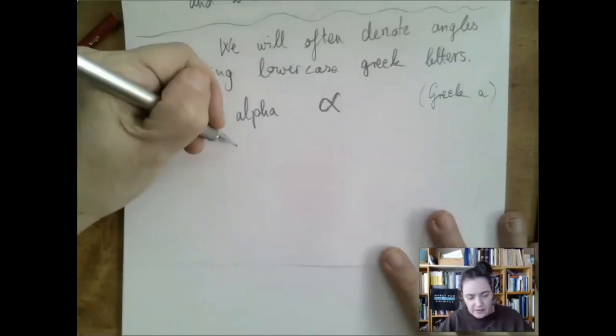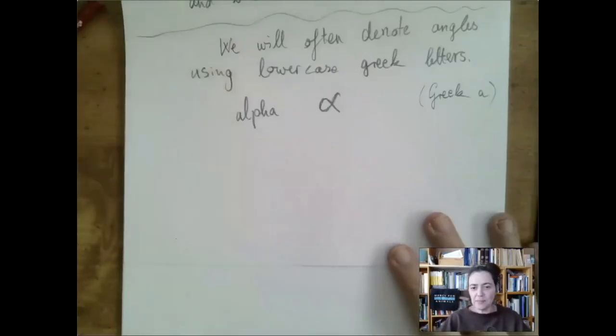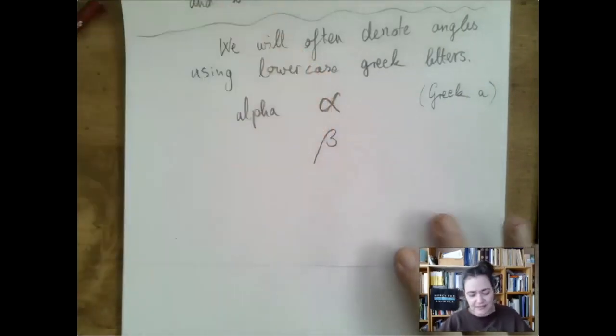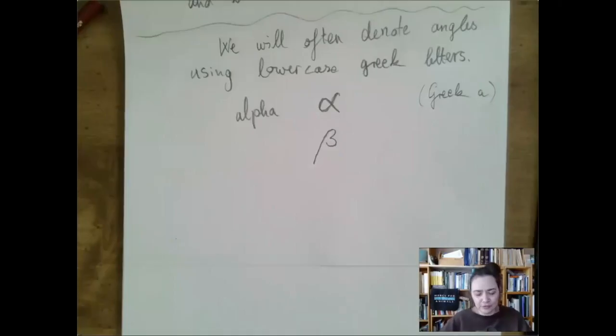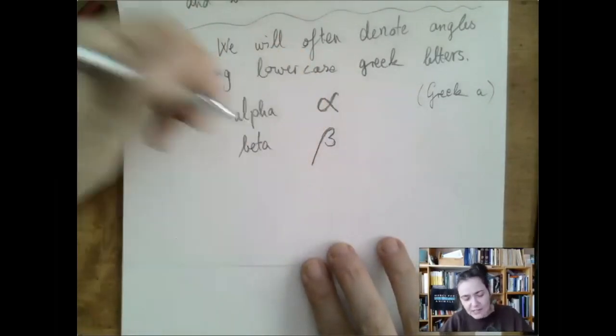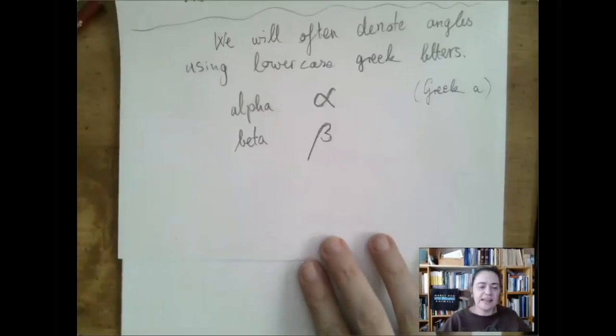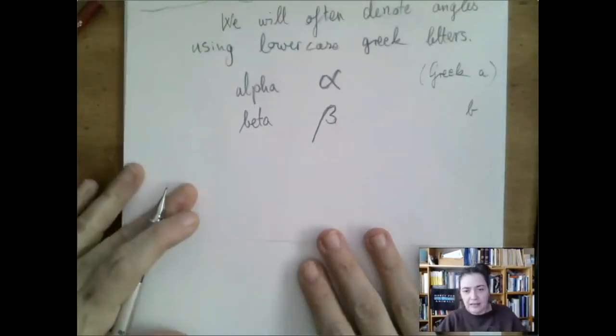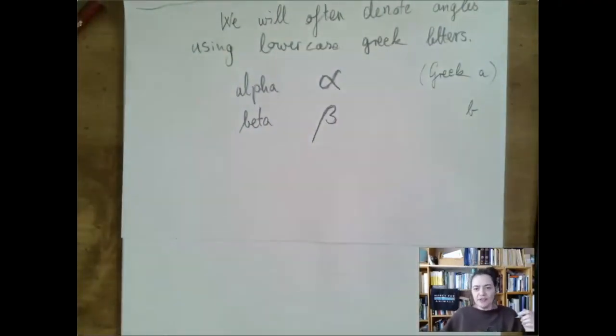And then for B, there is beta, and beta is lots of fun to write. It's a little bit like the number 13, but some sort of a genetic thing, they grew together. The 1 and the 3 grew together. It's fun to write. That's beta. And that's what we will use for the angle that we will associate with letter B. And then for some weird reason, for the letter C, which in Greek is xi, people didn't like it.